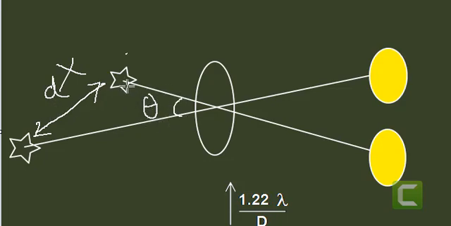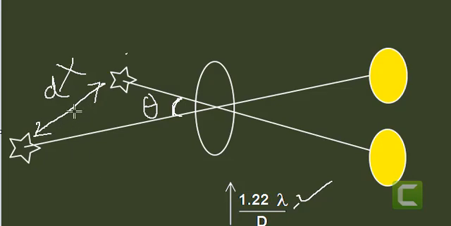If the two stars come closer, the angle will decrease. When the angle decreases, the images will overlap. So there is a minimum angle between two objects so that images are just resolved. That's called the angular limit of resolution of a telescope. It's given by 1.22 lambda by d. You are not multiplying it by f, this is an angular size.